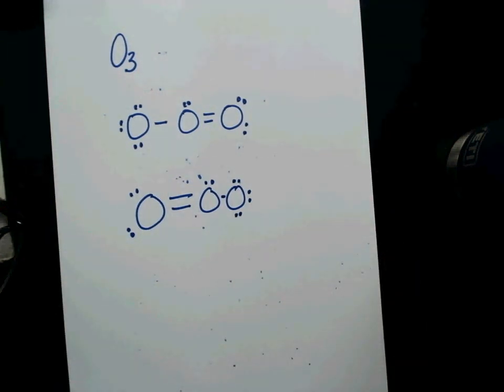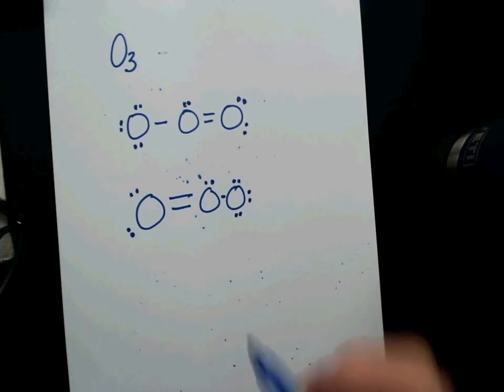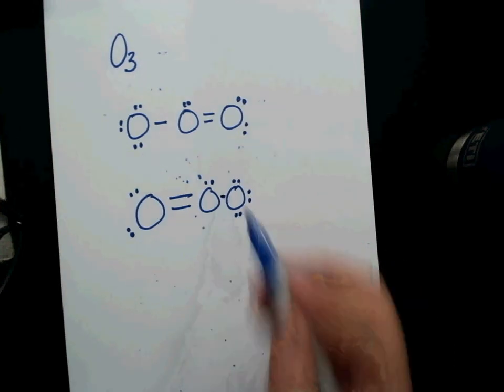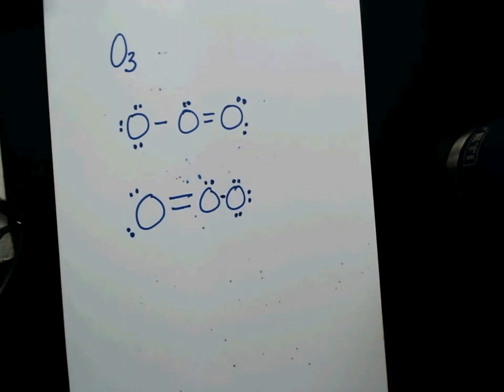Do yours look like mine? Except I made a little tiny bond there because I put my O's too close together. No? What'd you do? Oh, I bet you have too many electrons. Or not enough, one or the other.